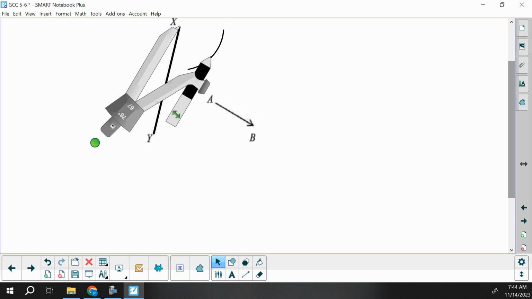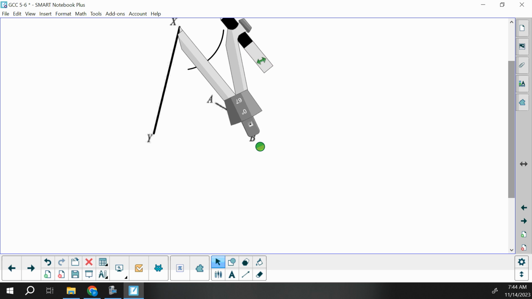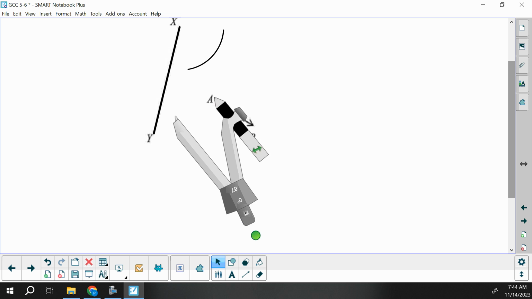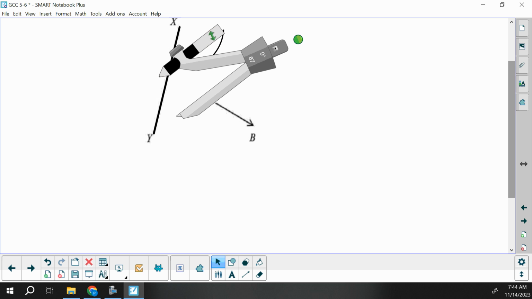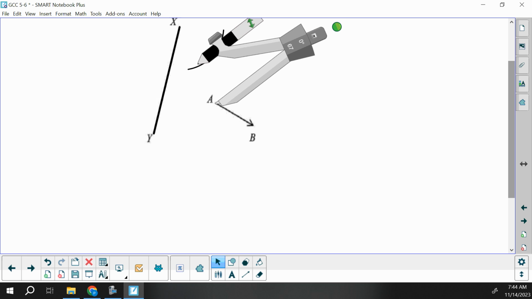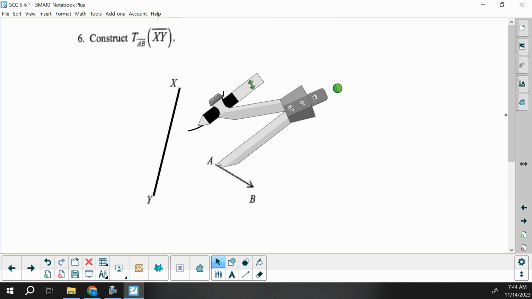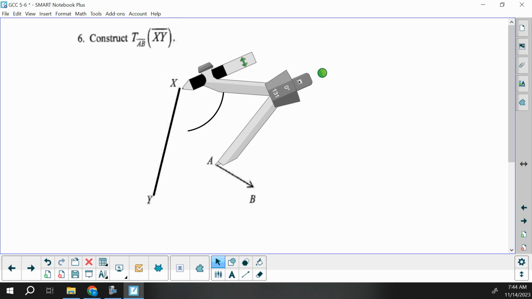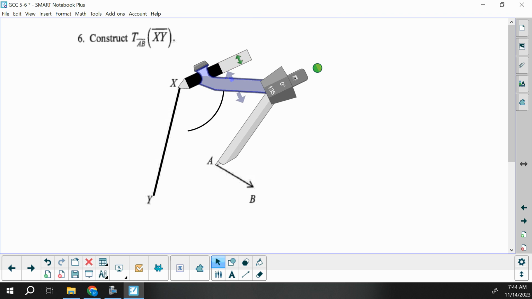And then the distance from A to X should be the same as the distance from B to X prime. So I'll put my point on A, and I'm going to put my pencil on X. Again, my compass doesn't allow it to get perfect all the time.